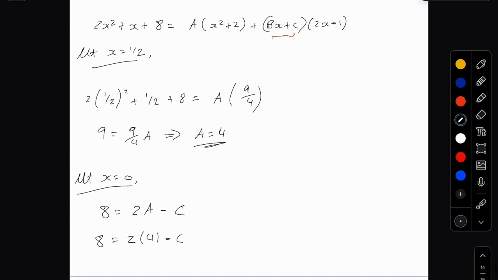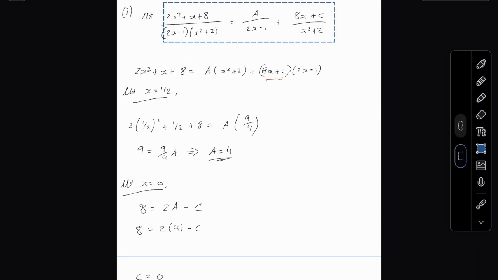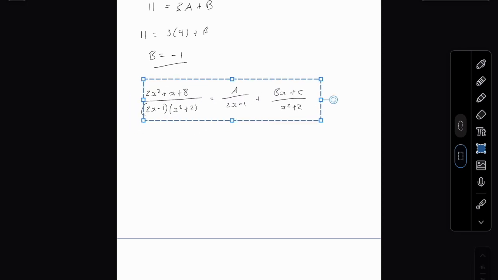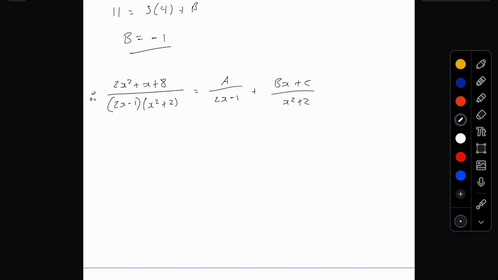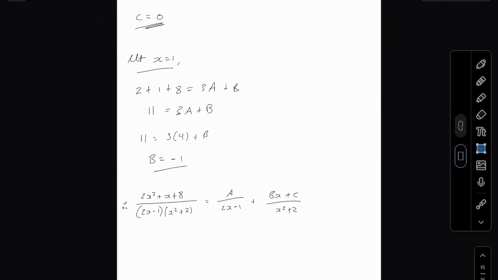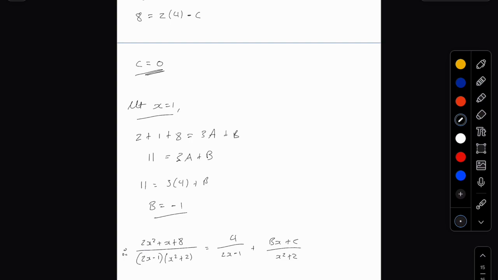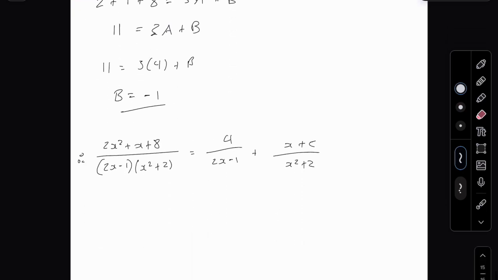And so what can we say? Well, we can say then, guys, that the following is true. We have 4 over 2x minus 1, and b, negative 1, x, and c, well, this is 0.